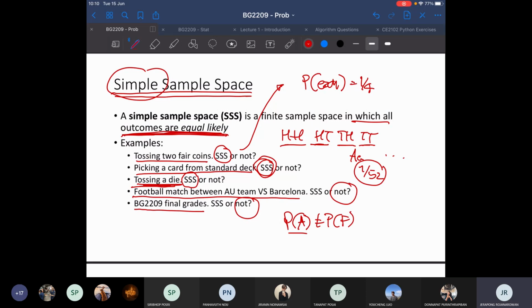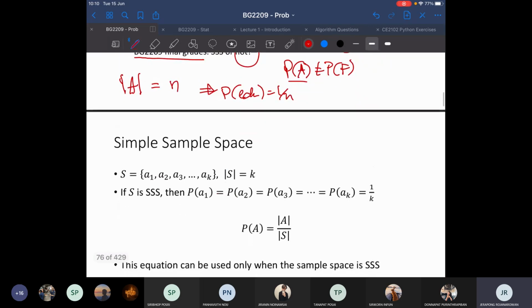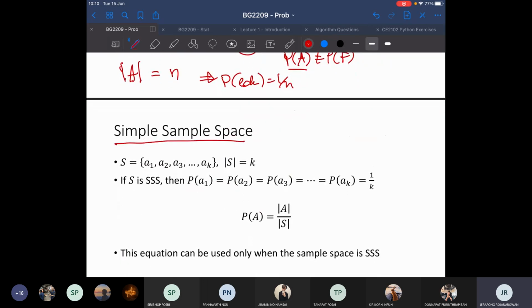If you have 6 of them, 1, 2, 3, 4, 5, 6, the probability of each one is 1/6. So basically, if the number of elements in S is n, then the probability of each one of them is going to be 1/n, right? So that's a simple one, like head and tail. You have n equal to 2. The probability of head and the probability of tail will be 1/2, right? That's a simple sample space.